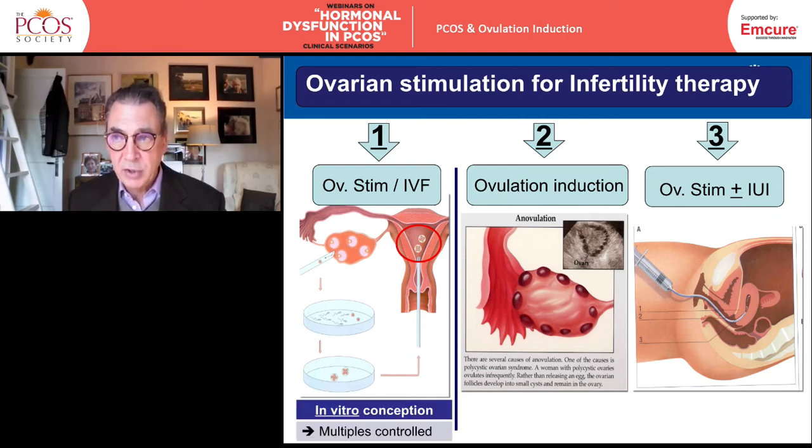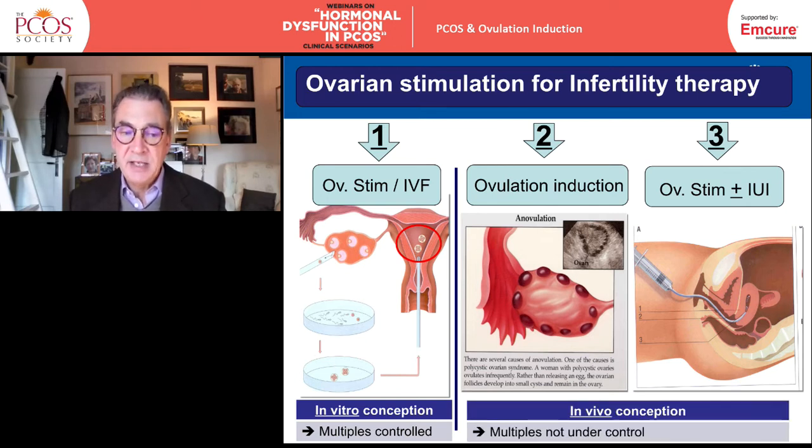And why is it so important to make a clear distinction here? Because under these circumstances, if you stimulate the ovaries in the context of IVF, we can do that without the risks of multiple pregnancies. And why? Because the prevalence of multiple pregnancies is only determined by how many embryos you transfer.